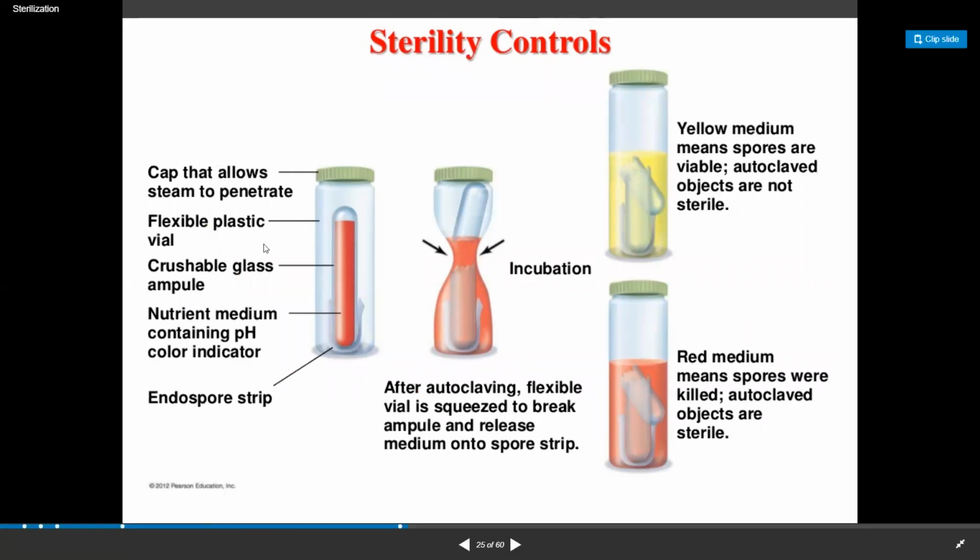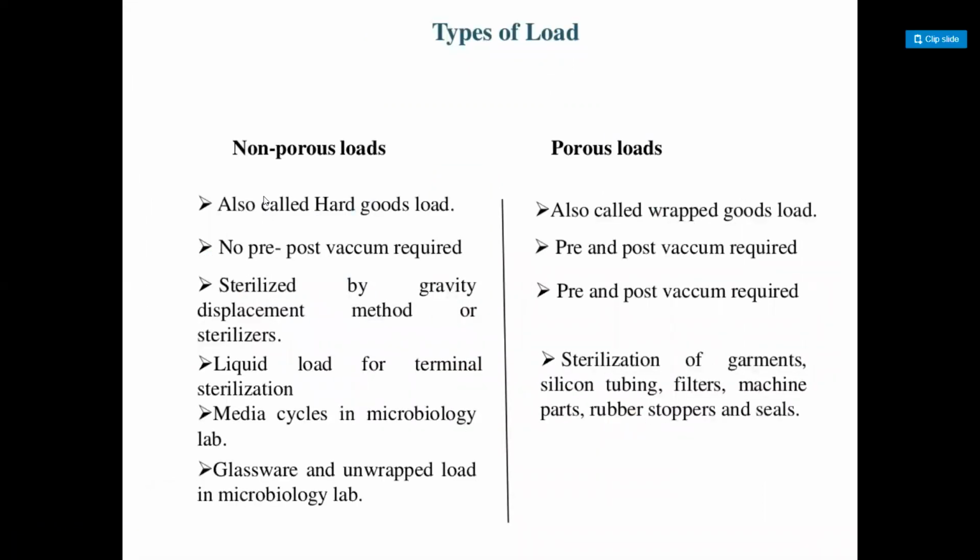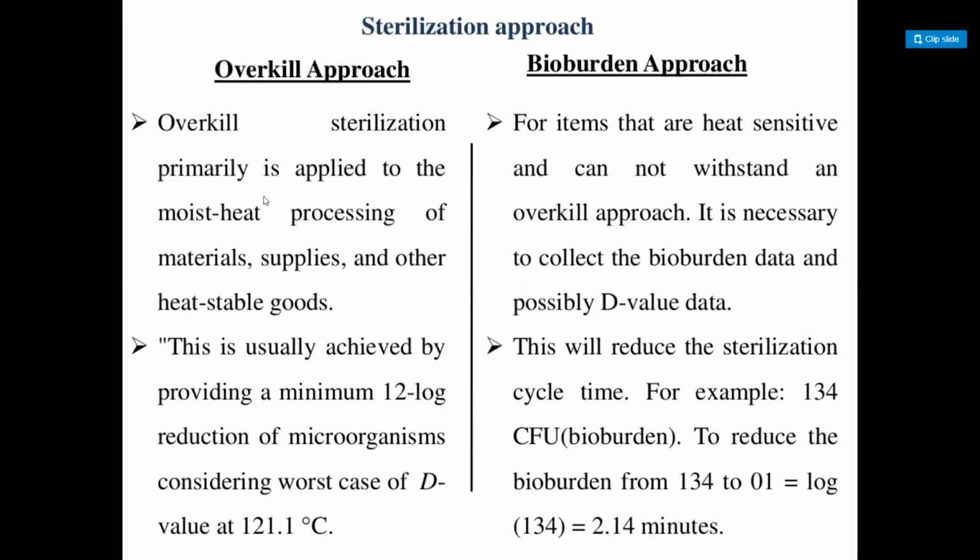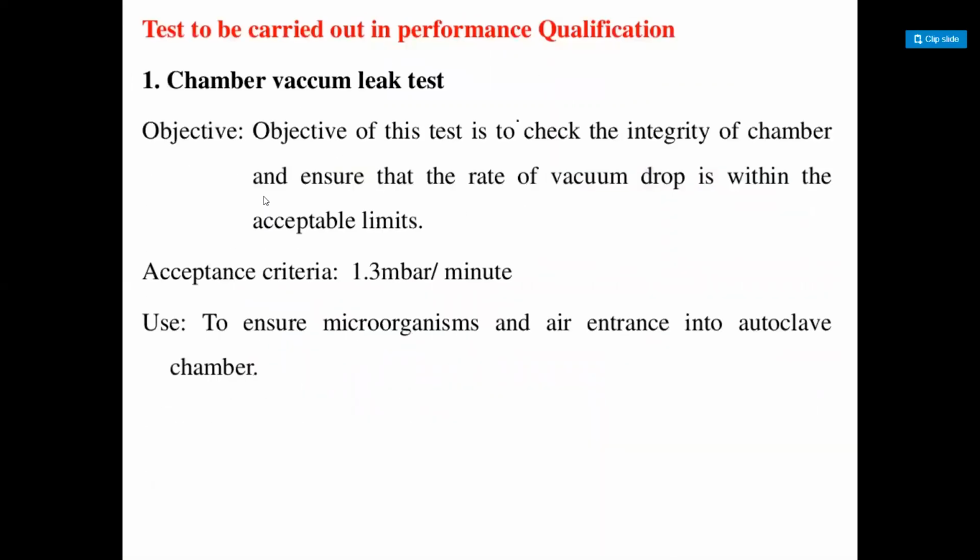Once you have autoclaved, you cannot open it in the open atmosphere, as there are chances of contamination. So different types of caps are used to control the sterility. Now these are types of loads. These are pretty important, but in your standard it is tough. So moving on, we will move on to the next thing in our next lecture.